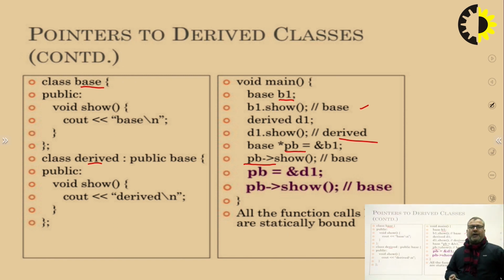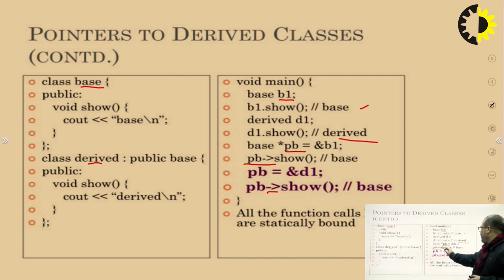As we already know, there are two ways to access a member function. One is by using the dot operator: simply the name of the object followed by a dot, and then the member function name that is to be invoked. Or another way is by creating a pointer to the object. We make a pointer of the class, and by using the pointer we have to use the arrow operator.